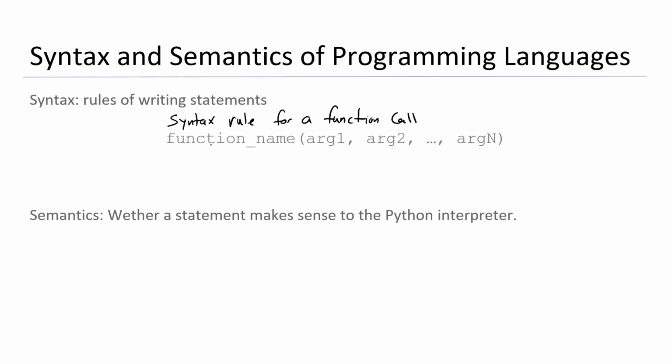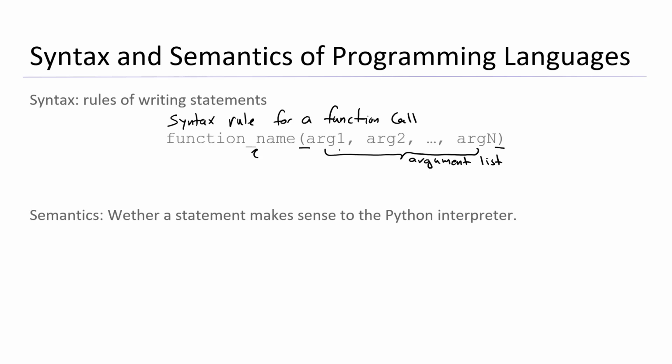This rule says that in order to write a function call, you need to write the function name first, and between open and closing parentheses, you need to supply what we call the argument list.